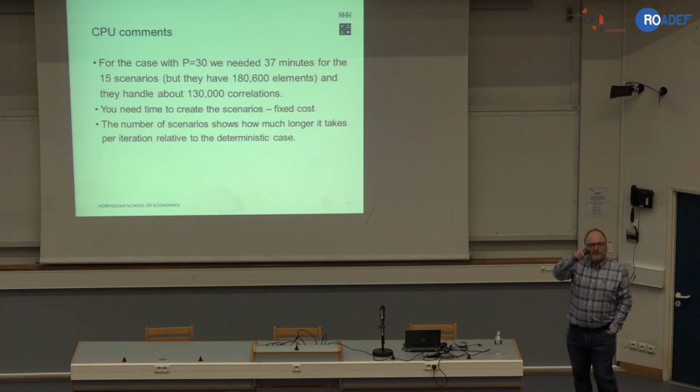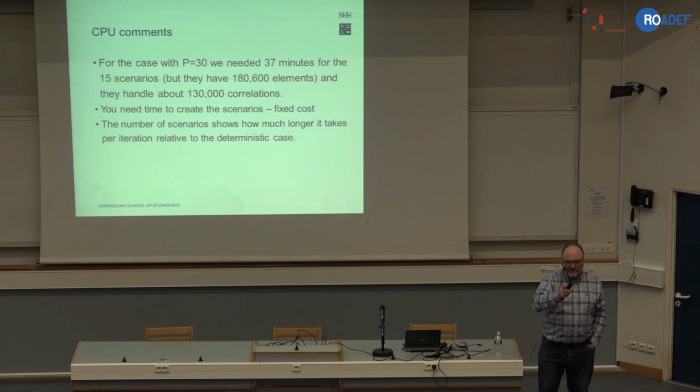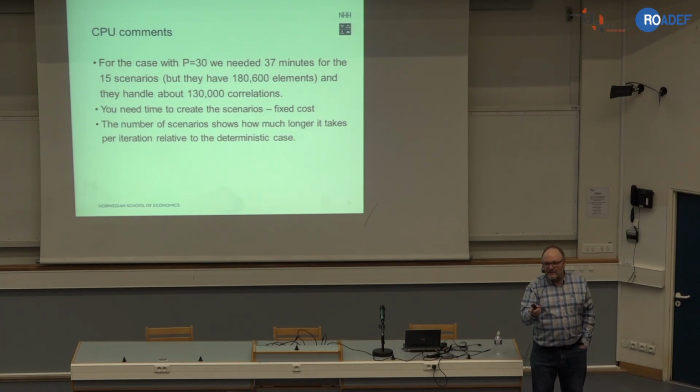And remember now what we're doing. 15 means that when you run your heuristic of finding a solution and evaluating the solution, each iteration will take 15 times more CPU than the deterministic case. Now, 15 is a tough number, but I had expected thousands, to be honest, for 25,000 dimensions. But it's 15.